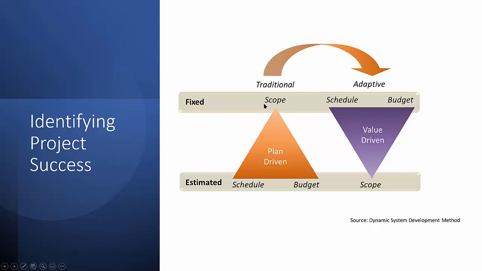If scope is your key objective, meaning you have to deliver 100% of the scope for the deliverables to make sense, in that case, if anything changes throughout the arc of the project lifecycle, then of course it will be either your schedule or your budget that will have to adapt. On the other hand, of course, if instead I have a fixed timeline, and that is my main driver, or a fixed budget, right?